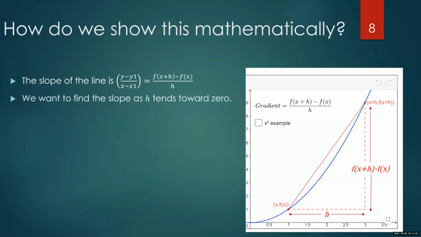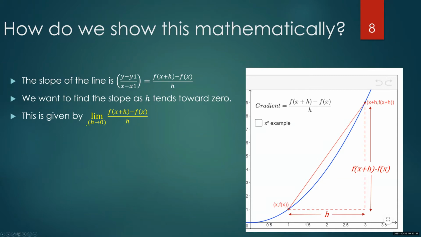So we want to find the slope of this line as h tends towards 0. Remember, we want to shrink h, we want to make h smaller and smaller, so that the hypotenuse gets smaller and smaller, and the slope of the hypotenuse gets closer and closer to the slope of the curve at the point x. And so the slope as h tends towards 0 is this limit.